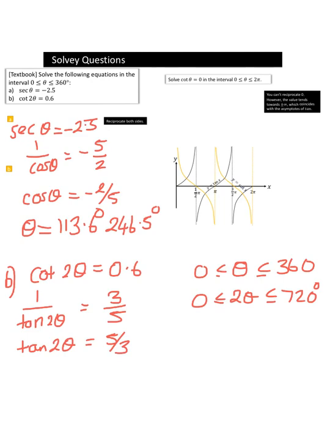So therefore, for 2 theta our acute angle is 59 degrees. Tan is positive here, so we're looking in our All quadrant, an acute angle, and in the tan quadrant, our two quadrants. So we have 59 degrees, 239 degrees, 419 degrees, and 599 degrees.